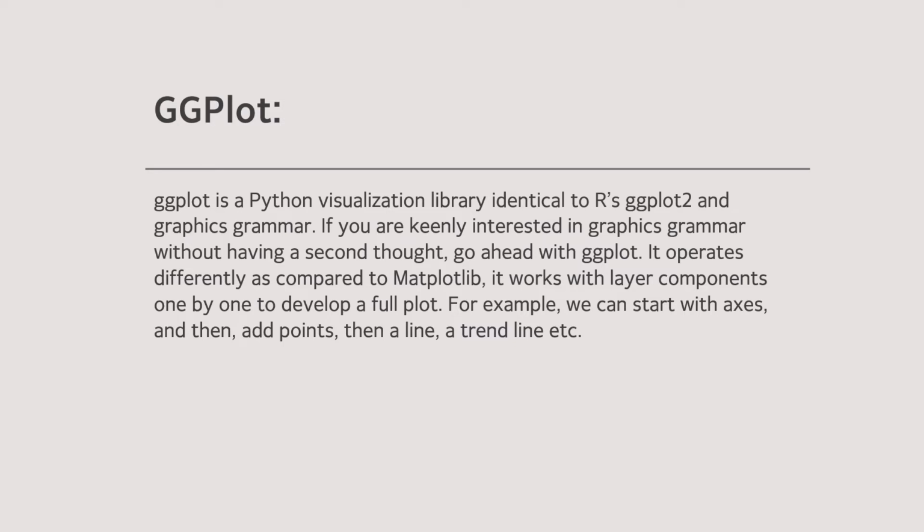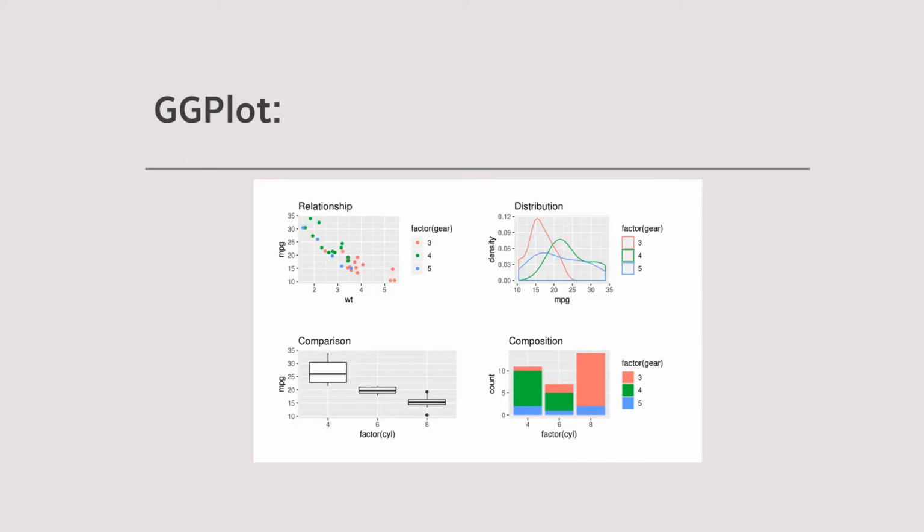In addition to the base layers, ggplot offers many other layers to adjust plots through coloring, scaling, faceting, or adding statistical transformations to the data. This is all about ggplot. Let's look at some diagrams. These are various pictures from ggplot. Take a look at them and we can move on to the next library, Bokeh.